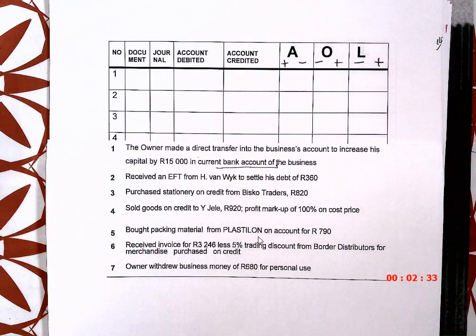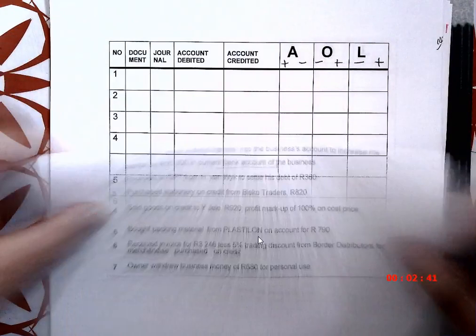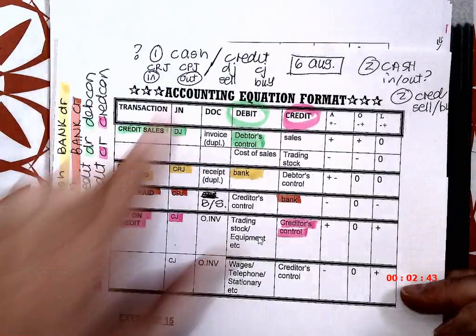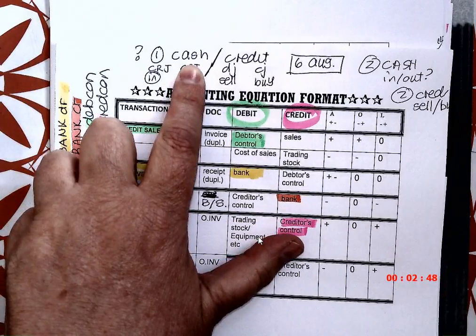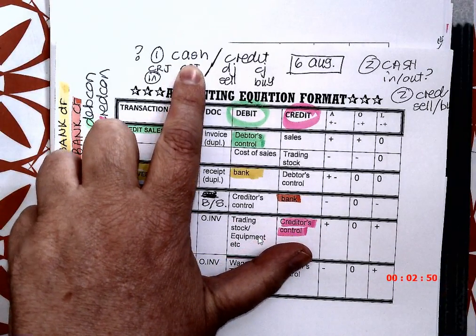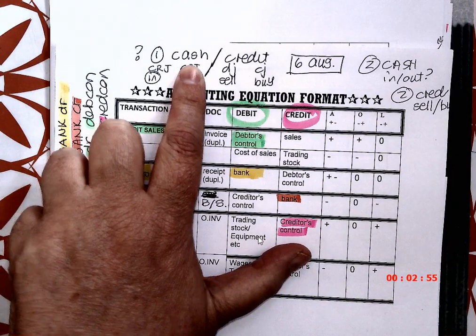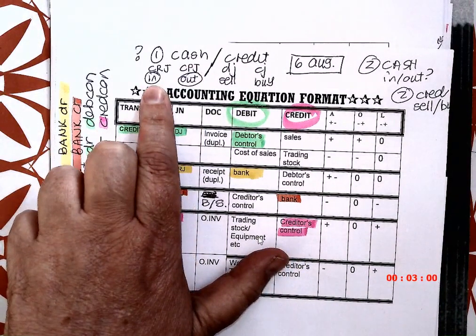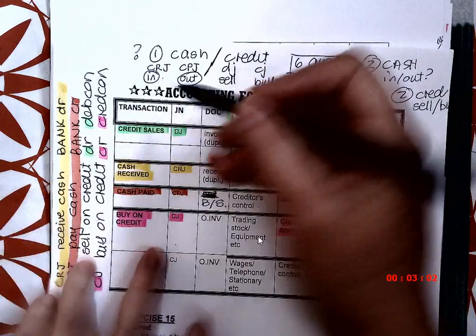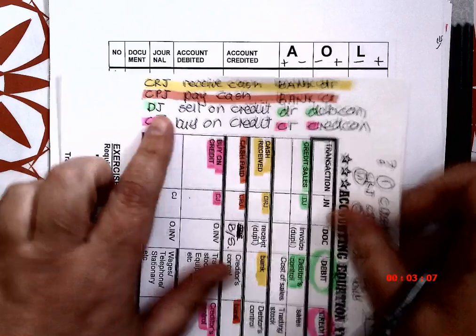So if bank is cash, and the owner put money into our bank account as capital, is that money coming in or going out? It's coming in. So it's a CRJ. So I'm going to write CRJ. And what's my rule for CRJ?